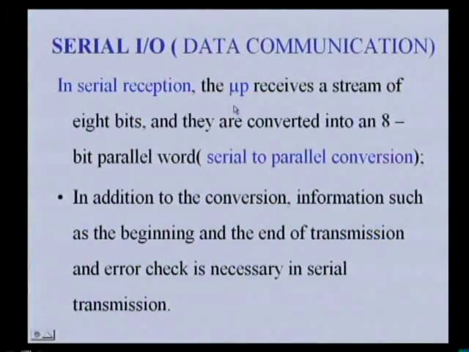In serial reception, the microprocessor receives a stream of 8 bits and they are converted into an 8-bit parallel word. This is called serial to parallel conversion. In addition to the conversion, information such as the beginning and the end of transmission and error check is necessary in serial transmission.